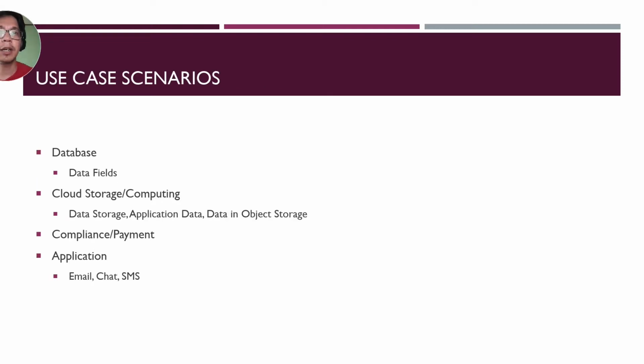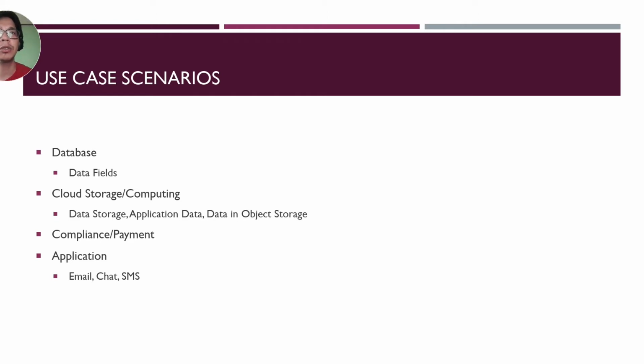For the use case scenarios, we have here the database. For a database, normally what we encrypt would be the passwords in our data fields. Now, I think that we should also encrypt the PII, or personally identifiable information, and that would include something that directly identifies a person, like the name, the address, the social security number.